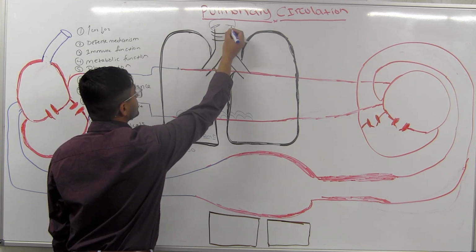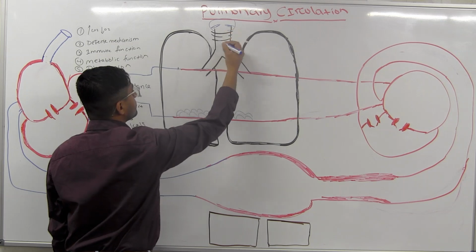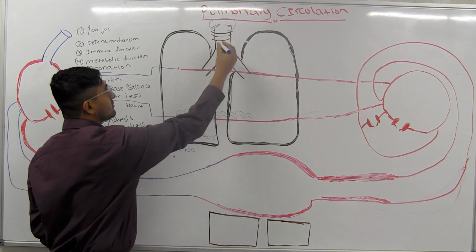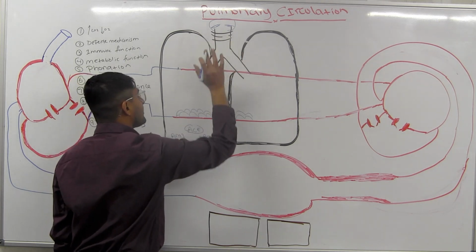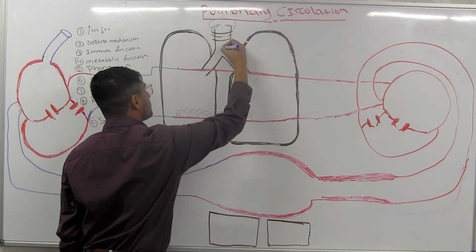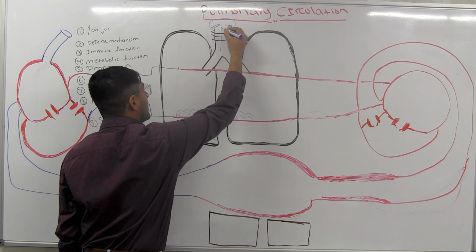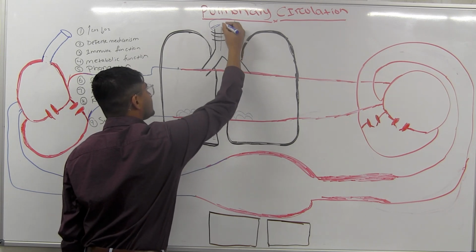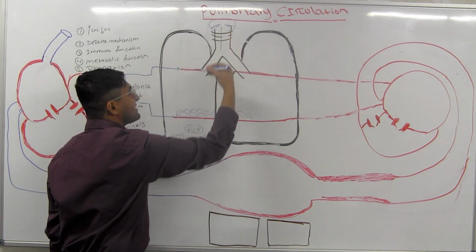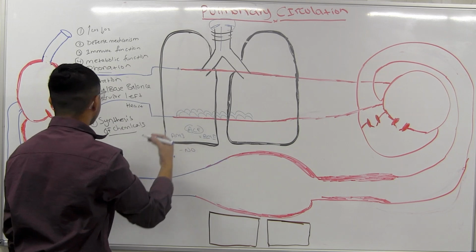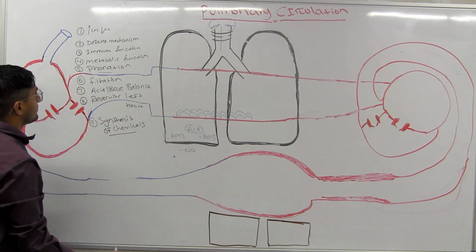Whenever these vocal cords come together, when they adduct, what happens? When air passes through this path, the vocal cords vibrate. And when the vocal cords vibrate, that produces sound, okay? So it's very important. The respiratory system is known for phonation, right?